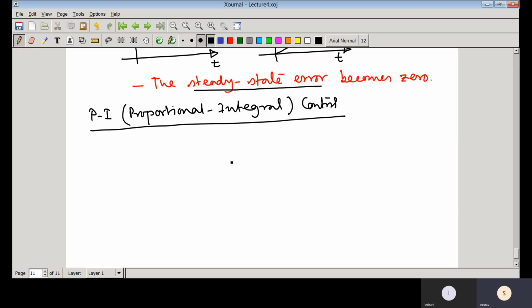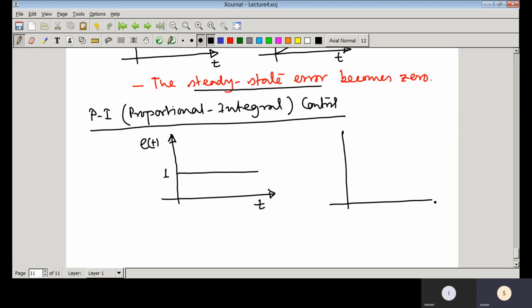So how it looks like? So suppose you have that error signal et equal to 1, and this is your time axis. So now what would be your PI controller's output? That means the proportional controller is actually kp into e. So that means depending on your kp value, it would be this kp.